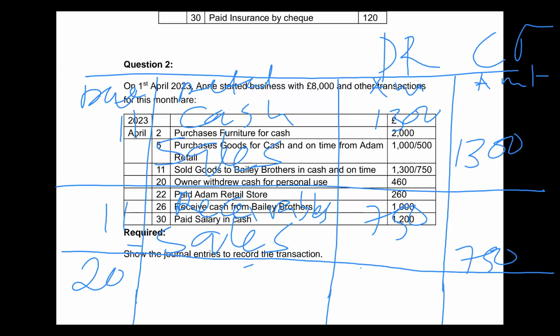So the owner is withdrawing money from the cash account of the company and they use that money for personal use. So what is happening in the cash account? Cash account will be credited and the capital. Are we sure is that capital?